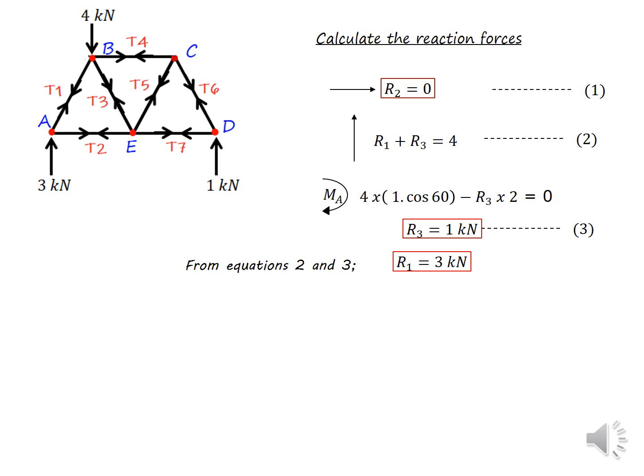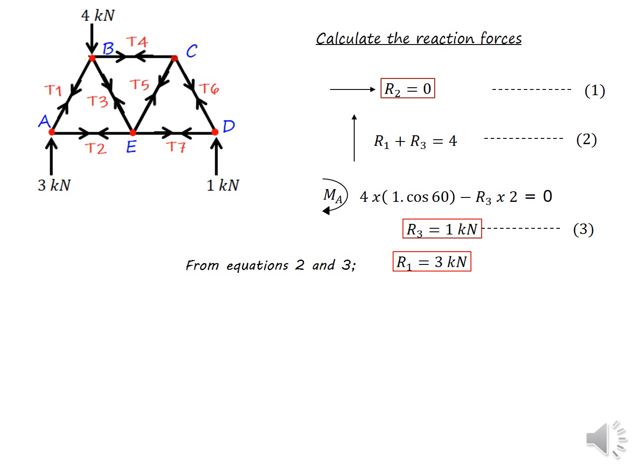So now we should select what would be the best joint to start with. Now I have two options looking at this structure. Joint A, there are only two unknown forces, T1, T2, or I can start with joint D, only again two unknown forces, T7 or T6. But why can't I start with the other three joints, B, C, or E?